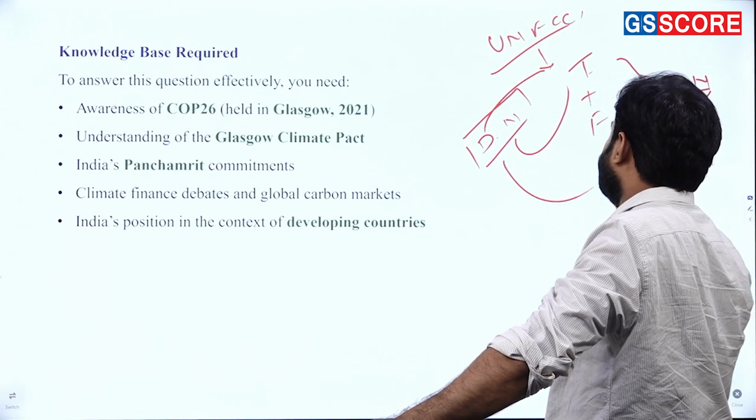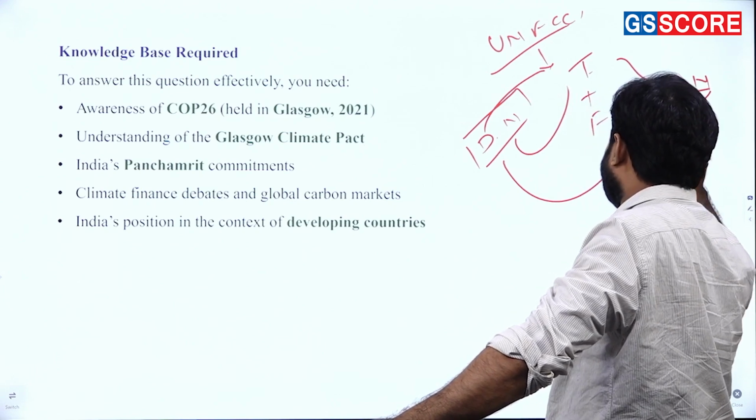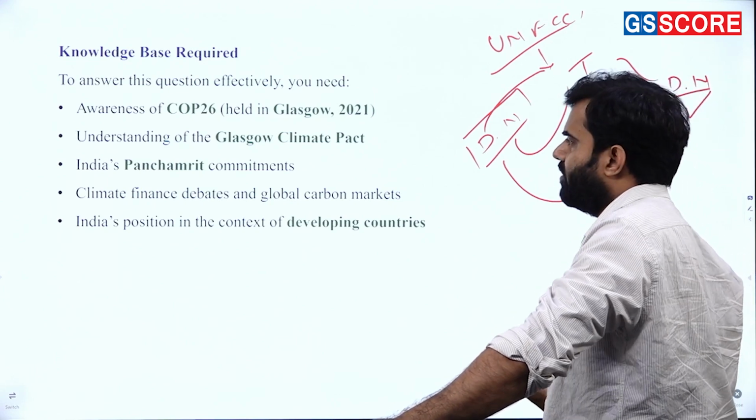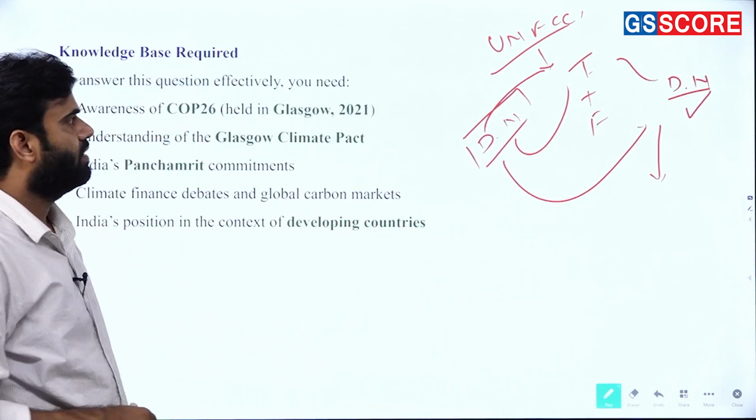They have a prime duty to help the developing nations. ये क्या कर रहे हैं? Help कर रहे हैं to reduce the different kinds of challenges regarding climate change. Getting my points?